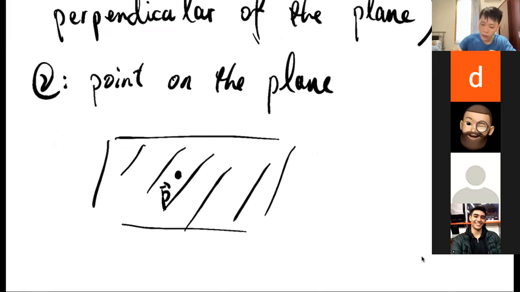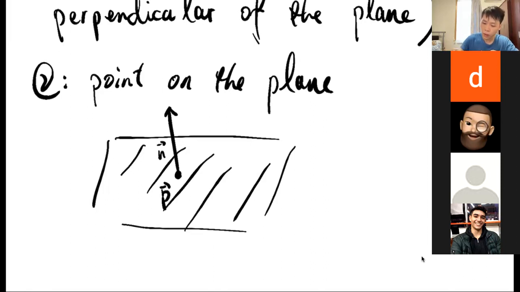Then the normal vector is perpendicular to any vectors on the plane.